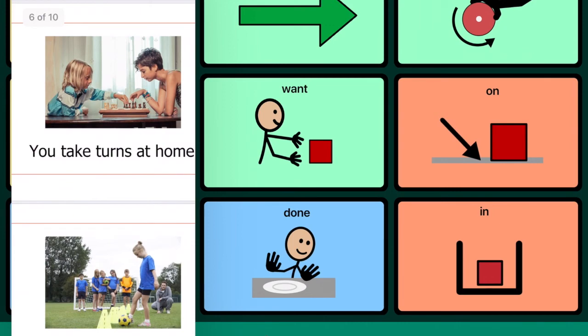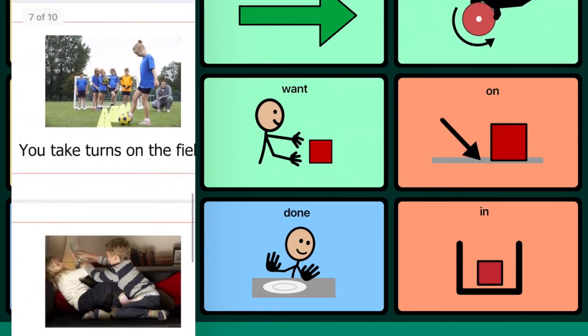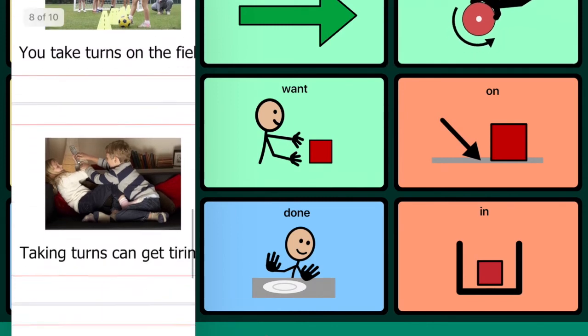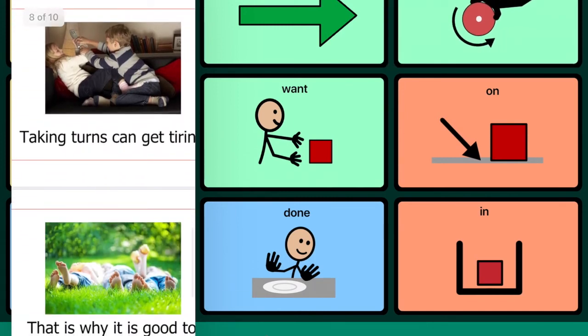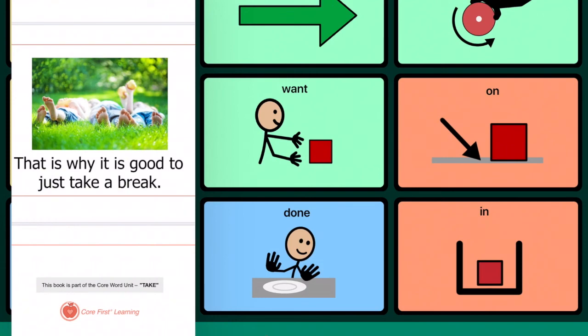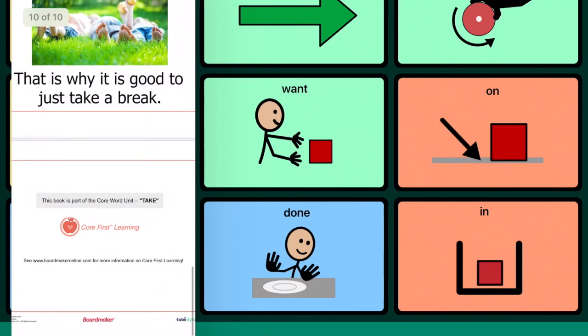You take turns at home. You take turns on the field. Taking turns can get tiring. That is why it is good to just take a break. The end. We are all done with our book.